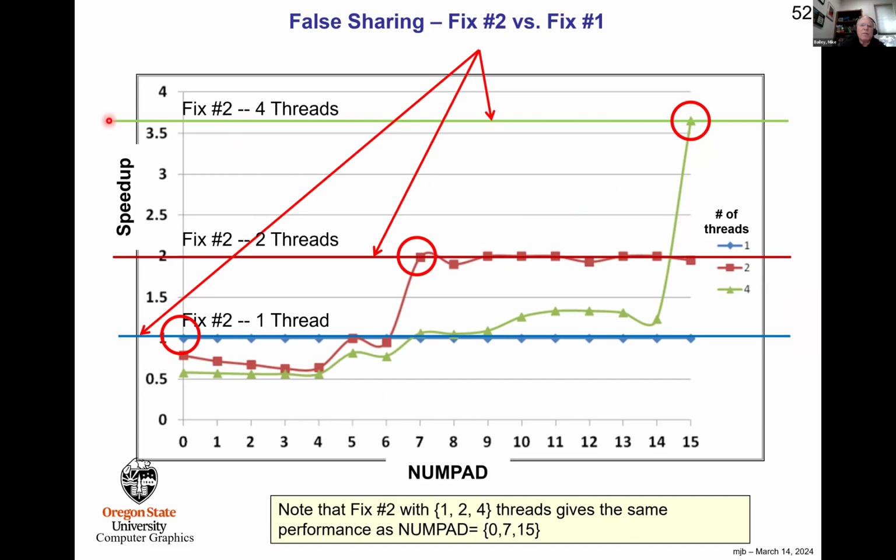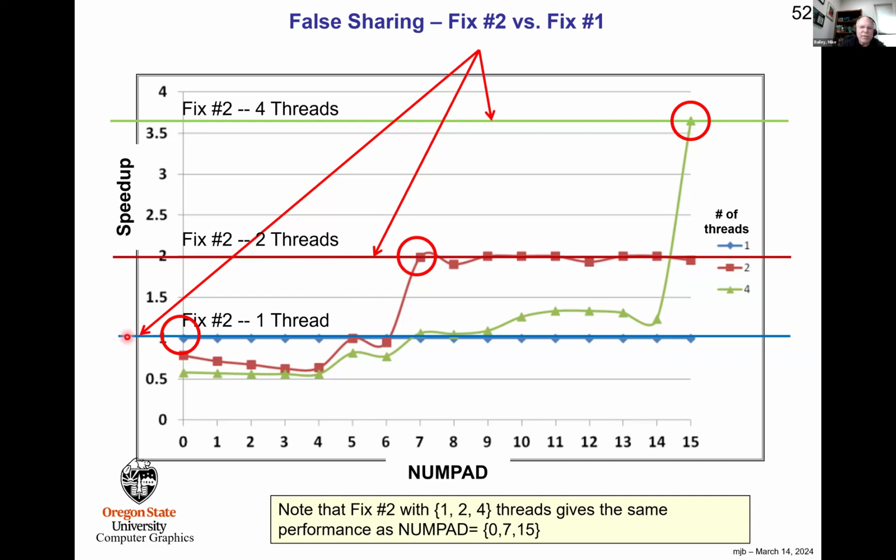And if we do that, well, there's no pads going on. And so for fix number two, this is the 4-thread performance, and it matches the pad equals 15, fix one performance. For 2 threads, this is the fix number two performance, and it matches, well, what happened when thread two reached its real potential.